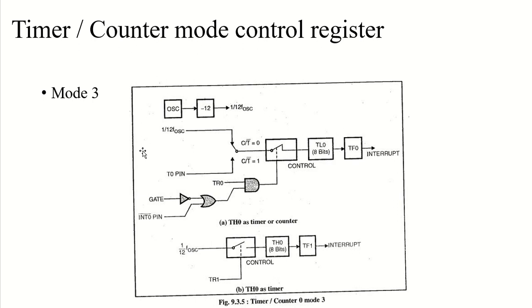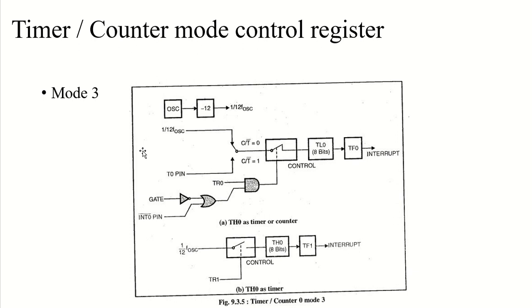Then we have mode 3, the final mode. In mode 3 we don't use timer 1, so it simply holds its count, and timer 0 registers TL0 and TH0 are configured as two separate 8-bit counters, to be precise. TL0 uses the timer 0 control bits: C by T, gate, TR0, INT0 and TF0.